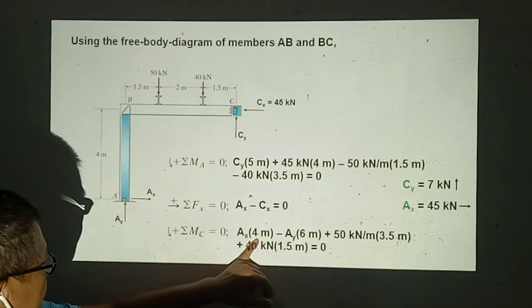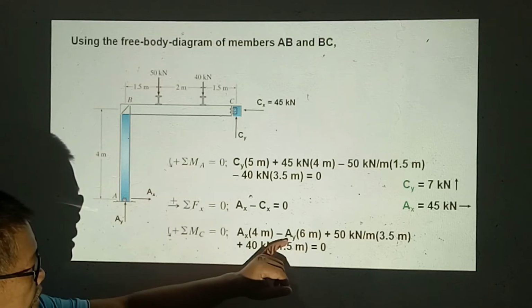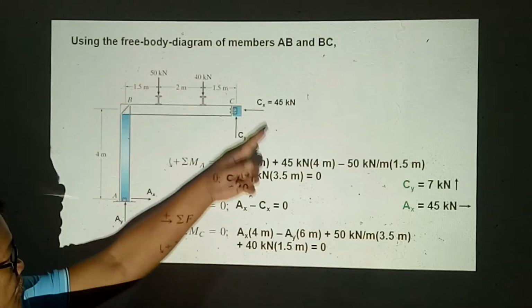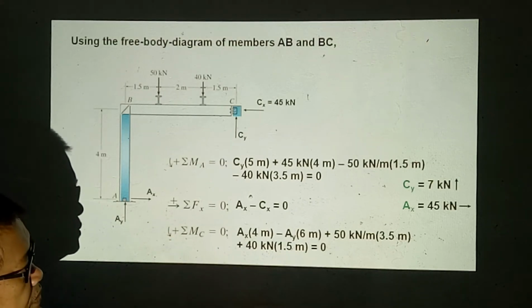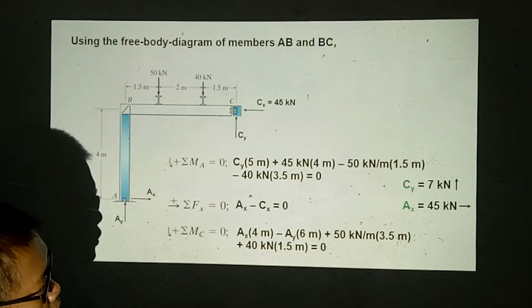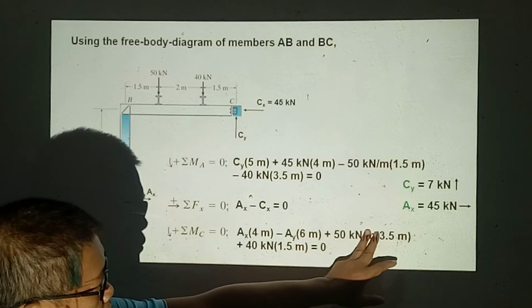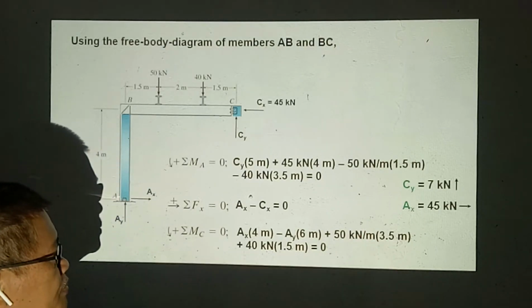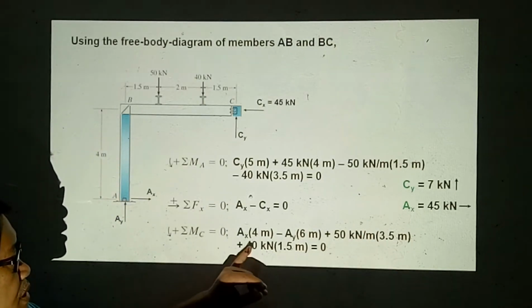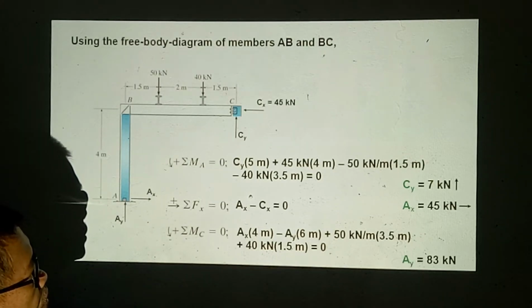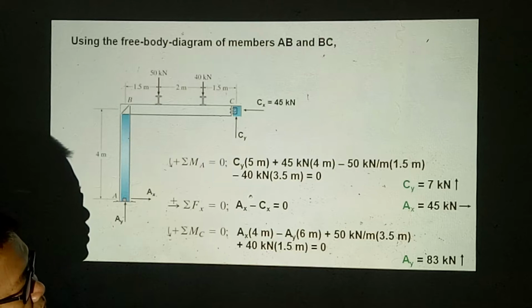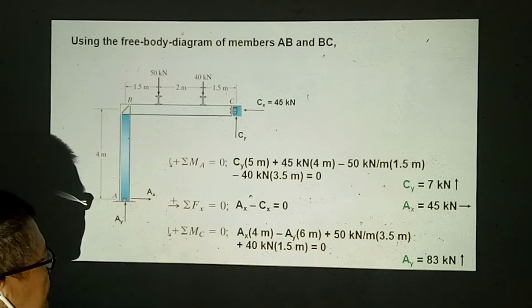So Ax times 4 meters minus Ay, because Ay will have a clockwise moment, this is counterclockwise positive, then plus 50 kN times 3.5 meters plus 40 kN times 1.5 meters plus 0. Ay is 83 kN and directed upward.